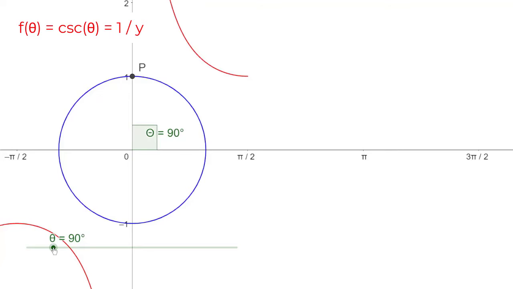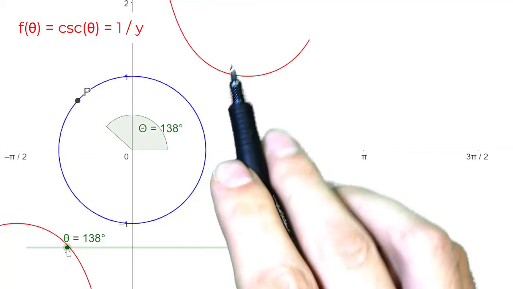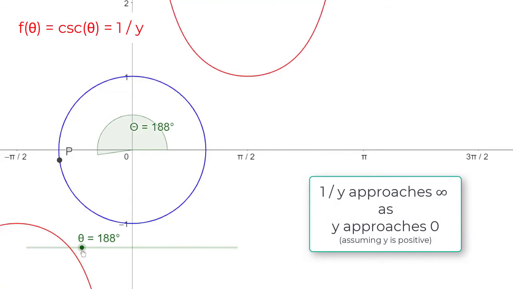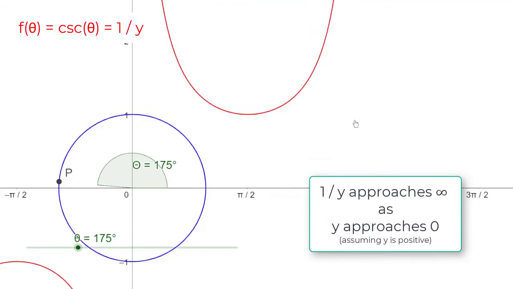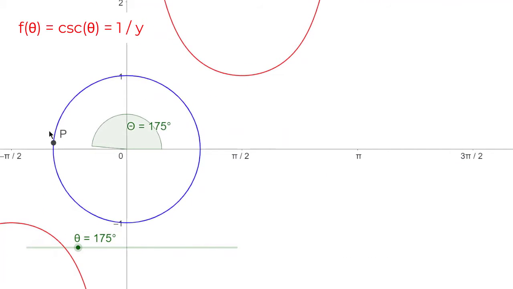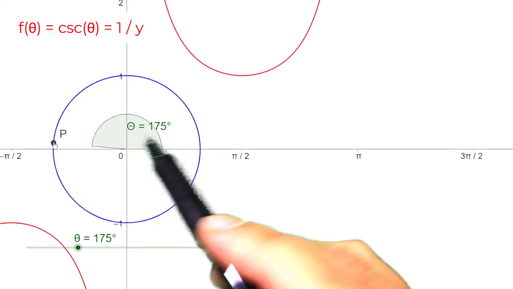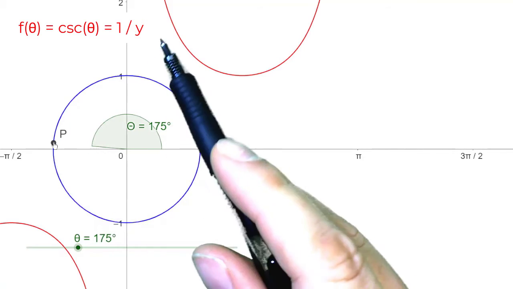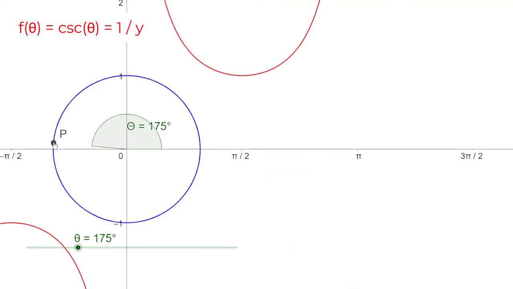And there it goes. Once I passed 1, now the y-coordinate is decreasing again. It's going back down to 0, and so 1 over the y-coordinate is going to go back up to infinity. And there it goes. You can see that in the graph. It goes up to infinity. Now what happens next? Well, the point is going to dip below the x-axis and its y-coordinate will become negative. So we'll see the same picture, but negative values instead.